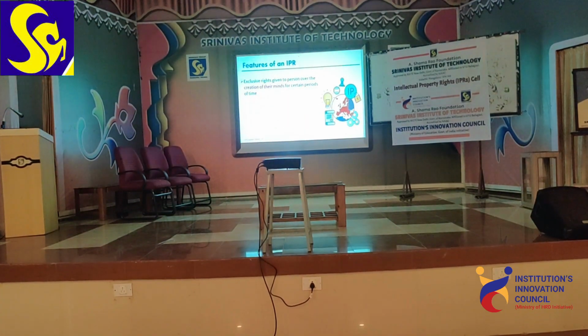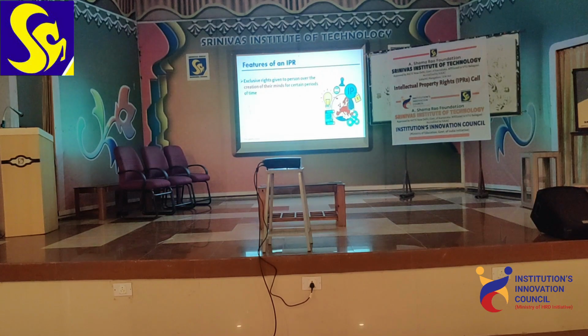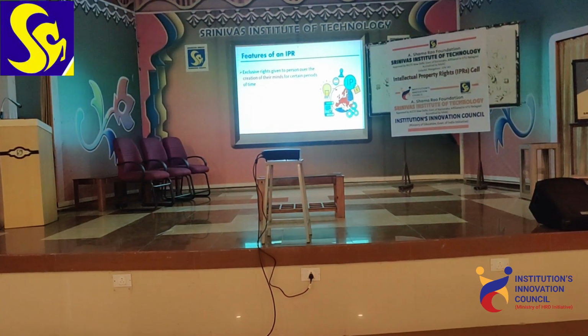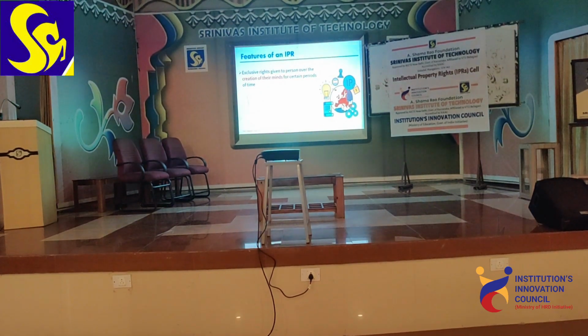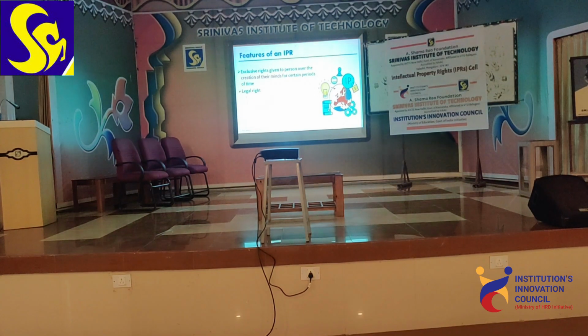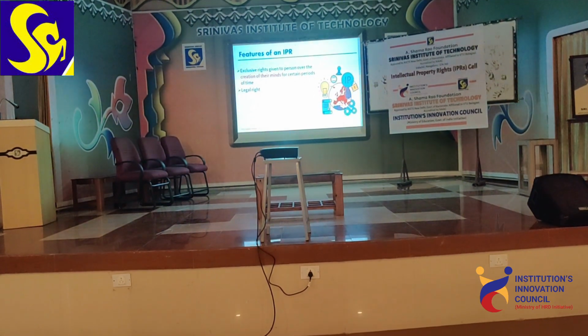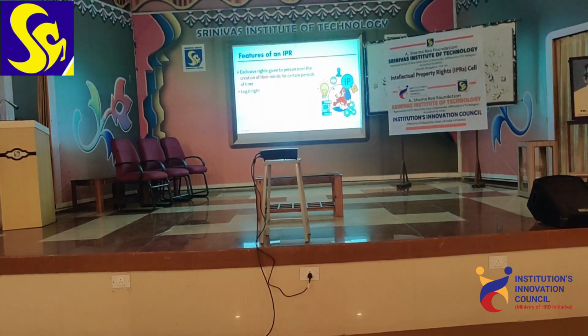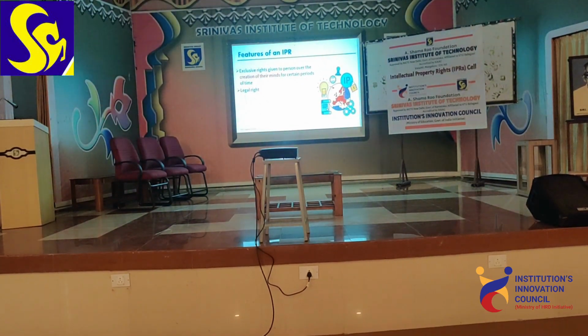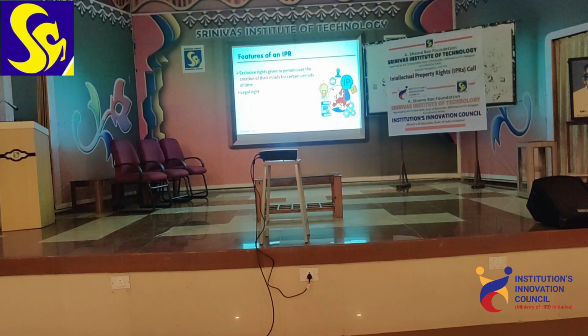Now, features of an IPR. I mentioned in the beginning, exclusive rights given to a person for the creation of their minds for a certain period of time. He or she has an exclusive right. That's a legal right, because if someone infringes on his right, he has a right to sue him under the law.